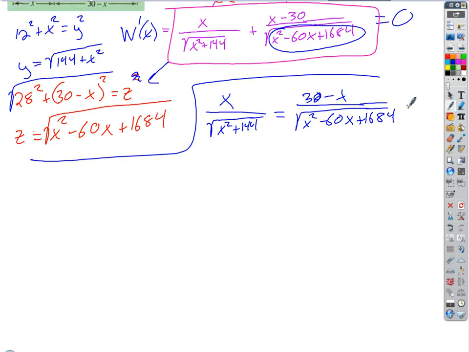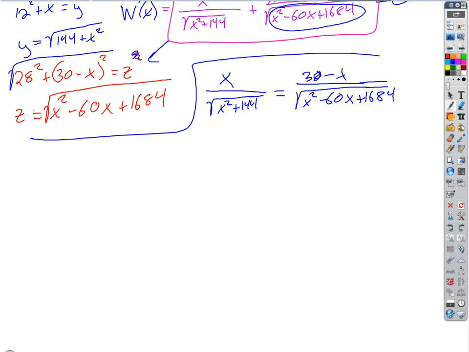But I'm going to change colors because whenever we take both sides of an equation to a power, we could introduce extraneous solutions. We'll have to check everything, right? Remember these discussions vaguely? This is important stuff. So if we square this side, we're going to get x squared over x squared plus 144.